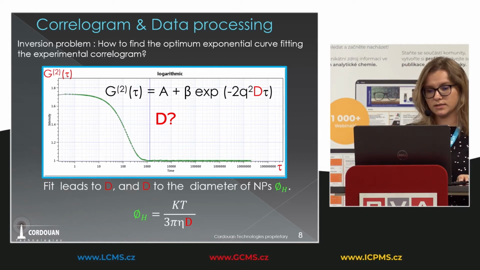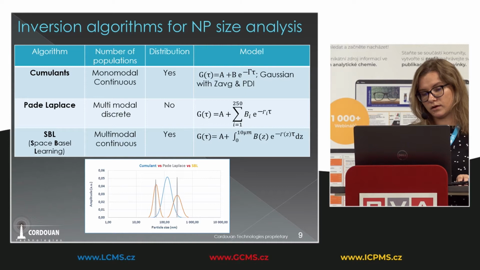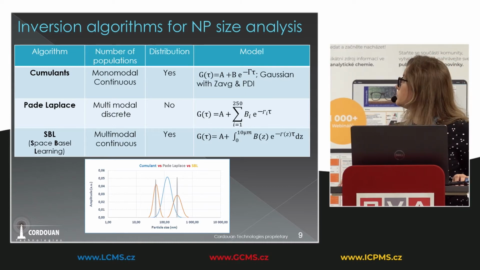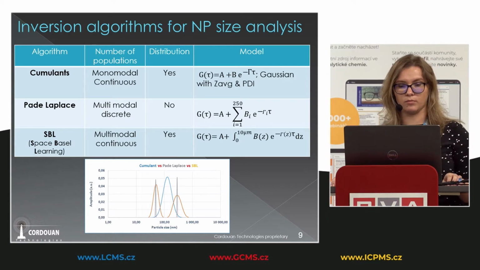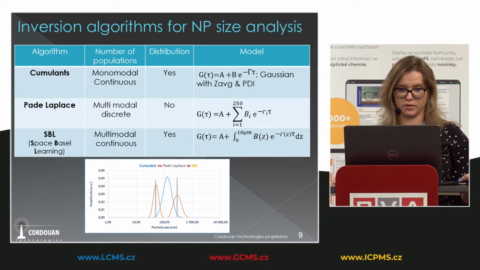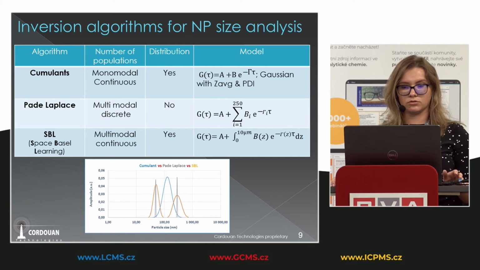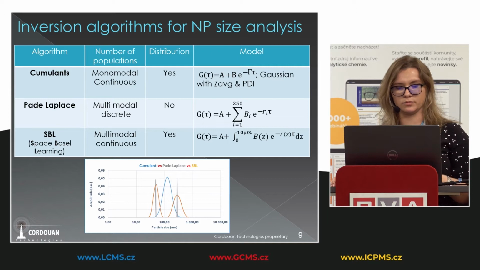In our devices, we use 3 different algorithms to do it. Cumulants is the standard algorithm, which you can see in mainly any scientific publication about dynamic light scattering measurements, and it gives you a monomodal continuous distribution of the particles. So it's not able to determine if you have 2 different populations of particles in the same suspension.